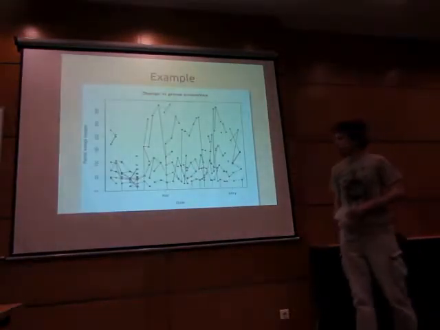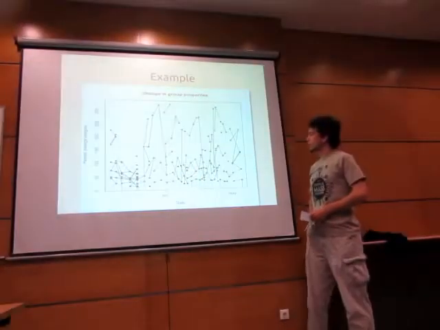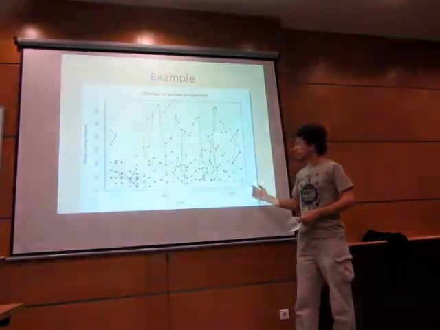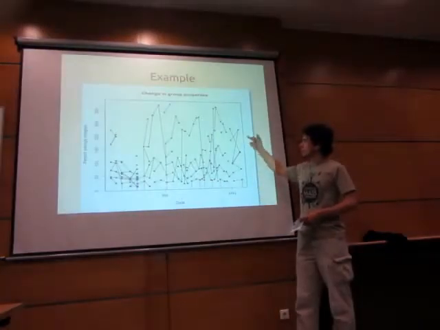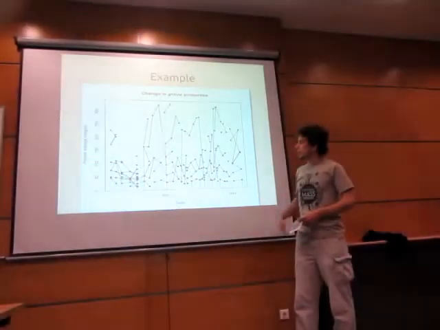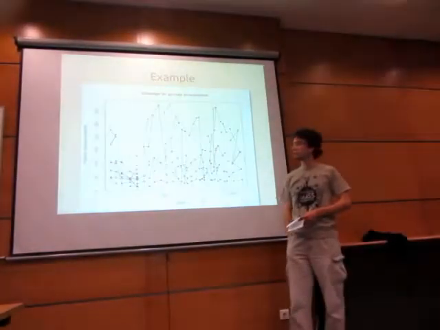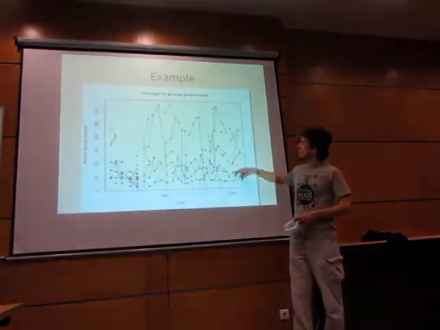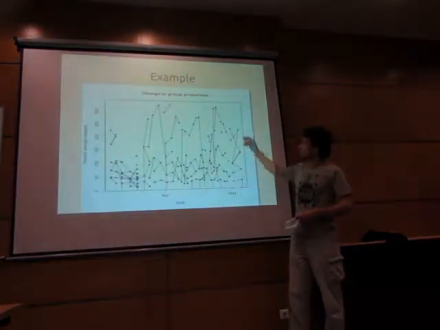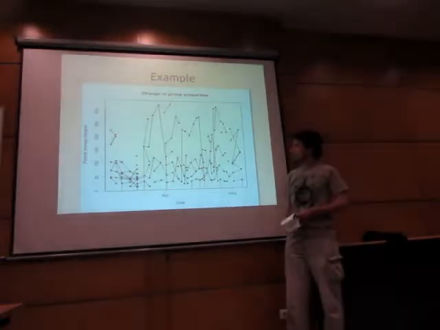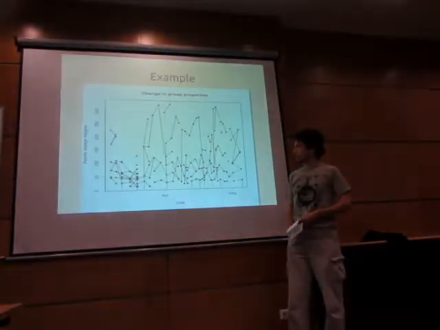Here is an example. We can see the time here, and each of these are different clusters, and red lines show new groups joining the forum. Gray lines signal groups leaving the forum.